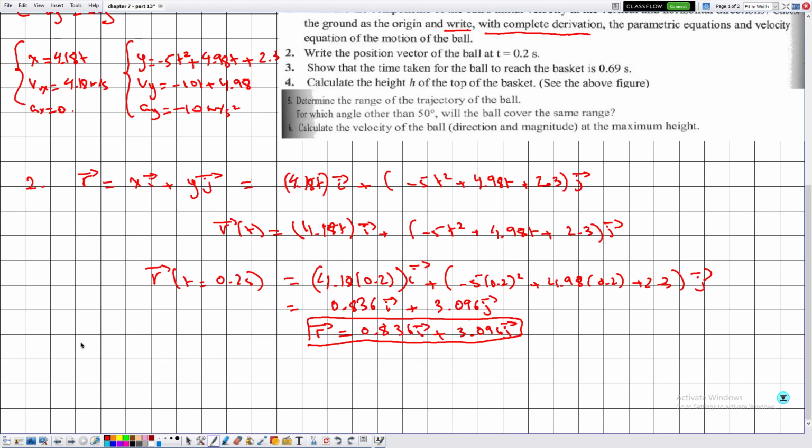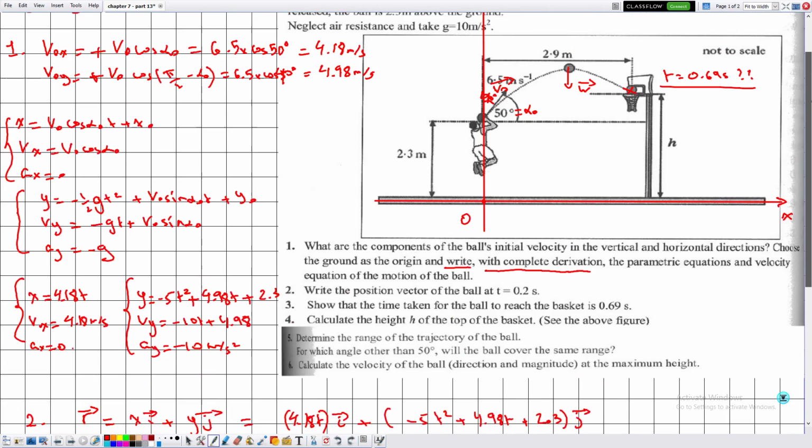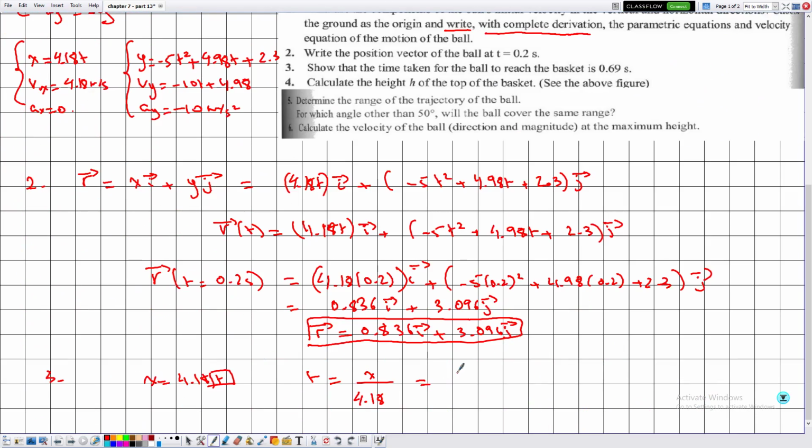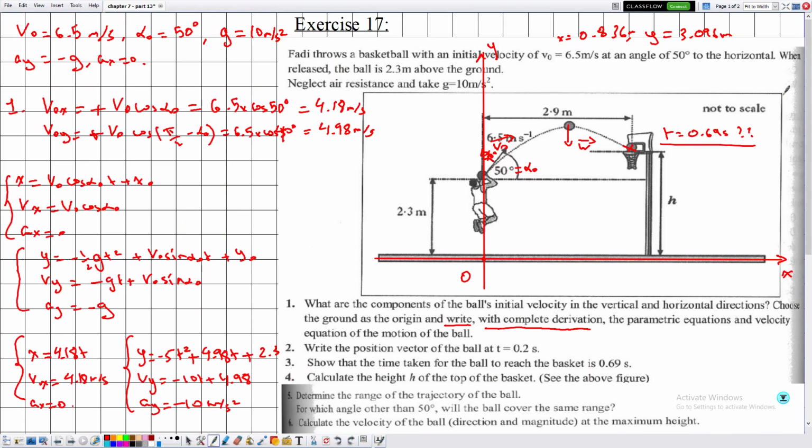So using the equation x is equal to 4.18 t, and we are interested in determining the value of t, so x divided by 4.18, the value of x is given by I think 2.9 divided by 4.18, so this is equal to 0.69 seconds. Okay, now we are sure that this time is given by 0.69, we can remove the question mark.